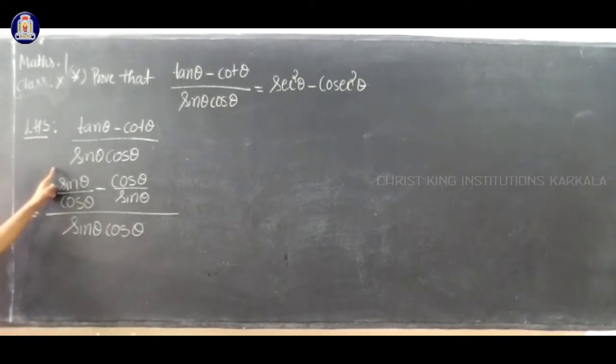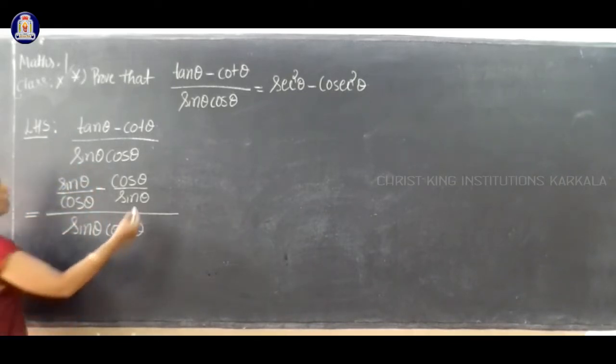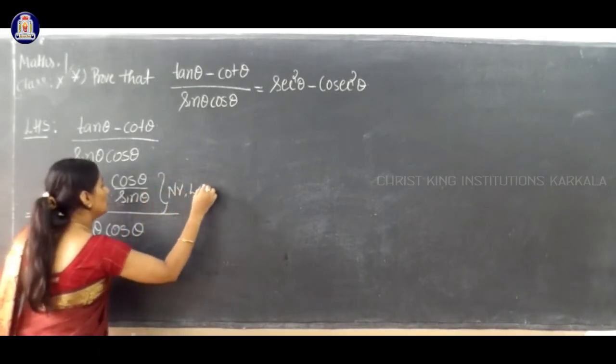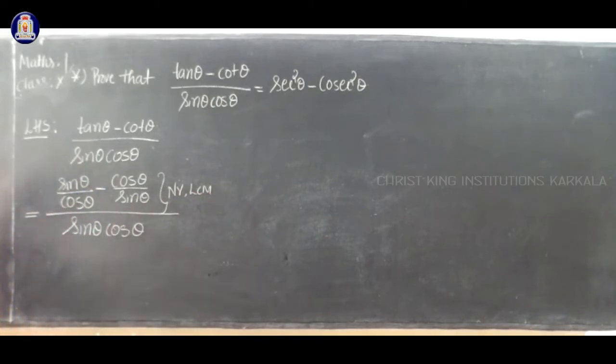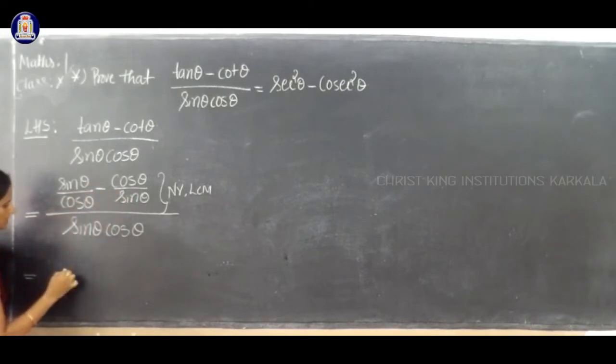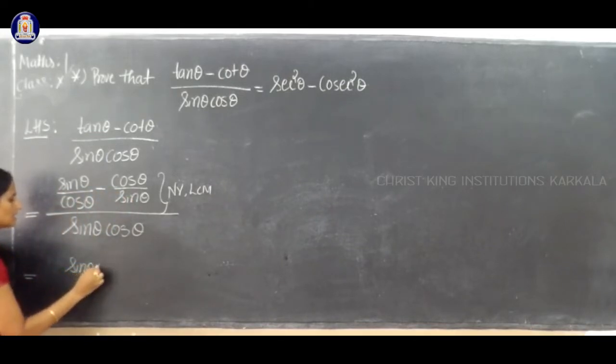Now how to simplify this numerator part? This is your numerator, this is your denominator. For the numerator, take the LCM. I'll simplify here itself. The LCM for the numerator is sin theta into cos theta.